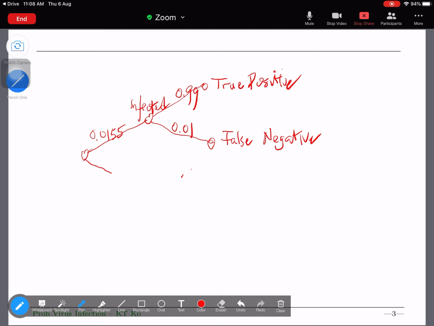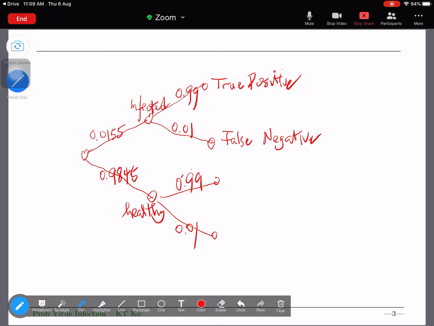Now, the other branch is the person is actually healthy. Okay? And the amount of this is 0.9845, just the complement of 0.0155. And again, there are also two branches from this. Your test is accurate, 0.99. Your test has an error, 0.01.